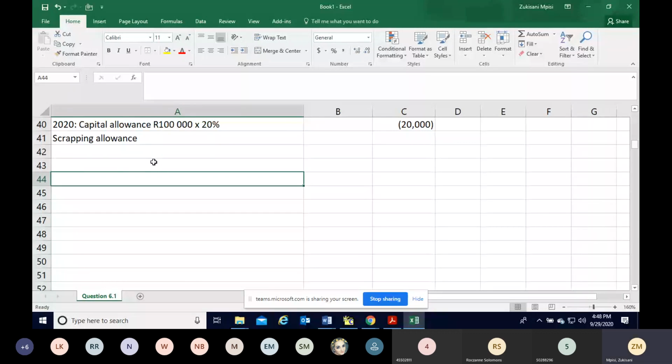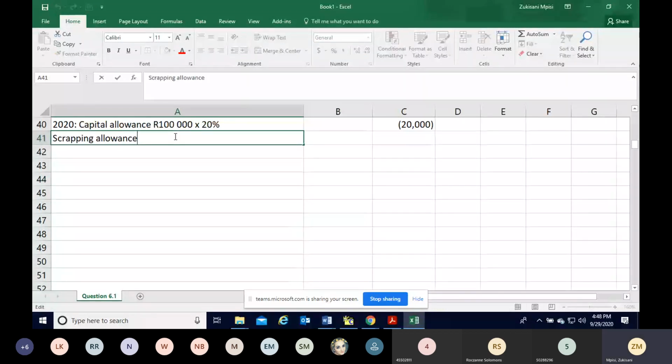So why are we calculating scrapping allowance? It's because we are told that this asset is no longer of value. So what must we do to calculate the scrapping allowance? We must take the original cost of 100,000 minus the capital allowances, which are also 100,000.